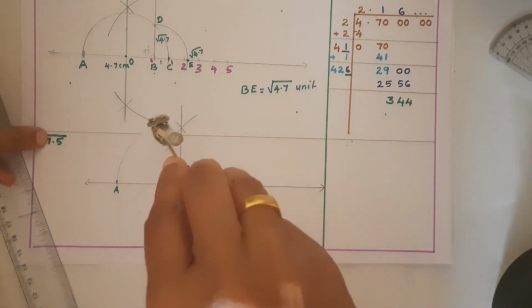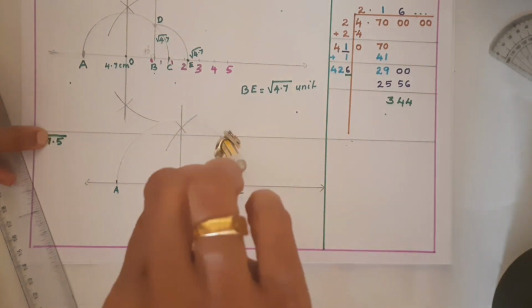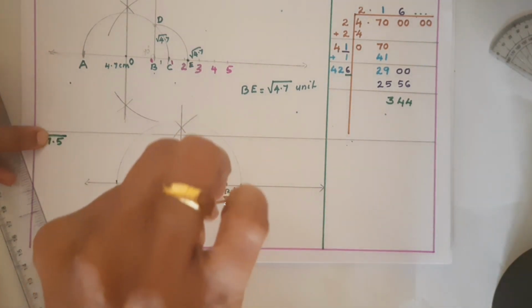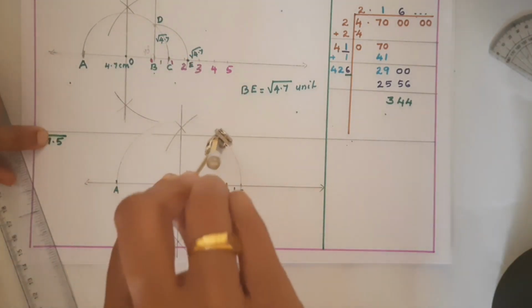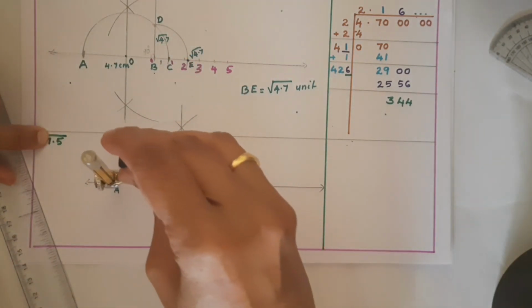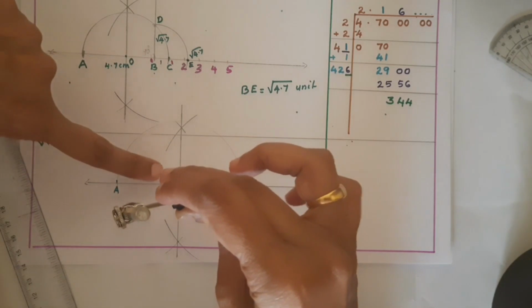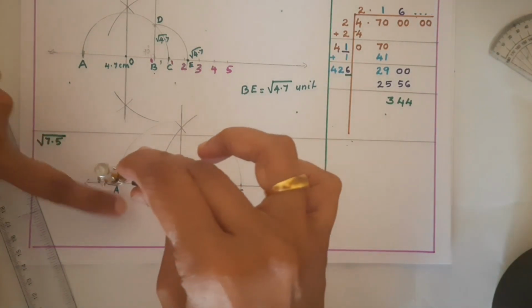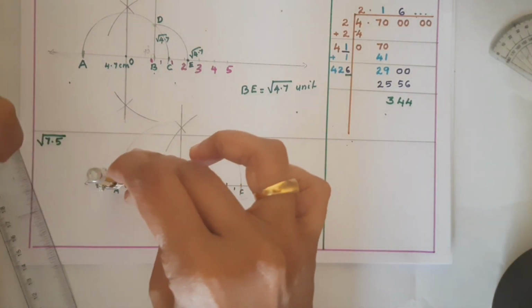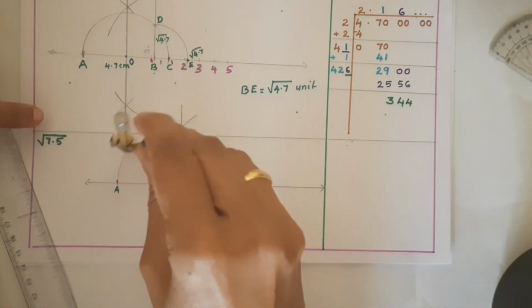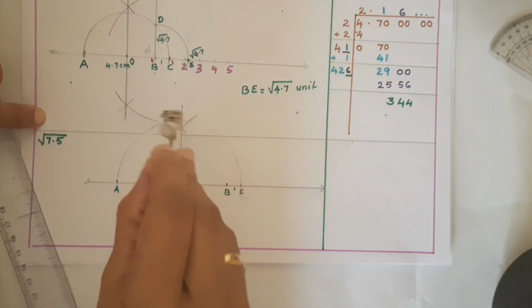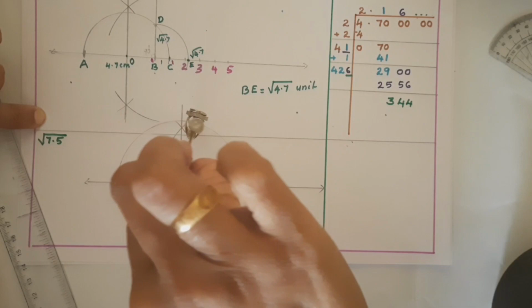So when you draw the semicircle, it should pass through A as well as C. Okay. So you have fixed the compass at O and take this distance OA. So semicircle I have drawn.